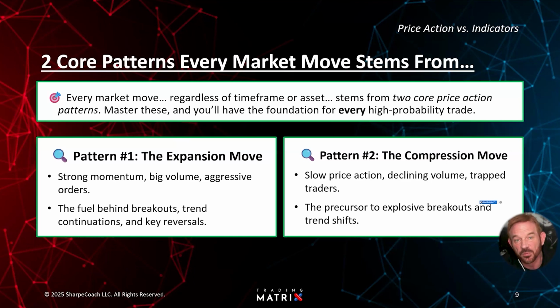The second pattern is compression, trading range, in which you get slow price action, declining volume, and trapping traders. Compressions are the precursors to explosive breakouts and explosive trends.